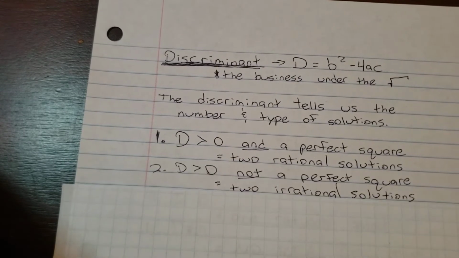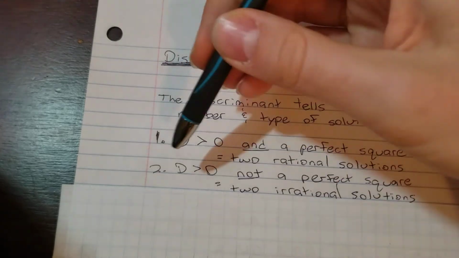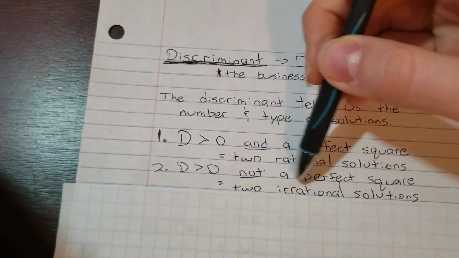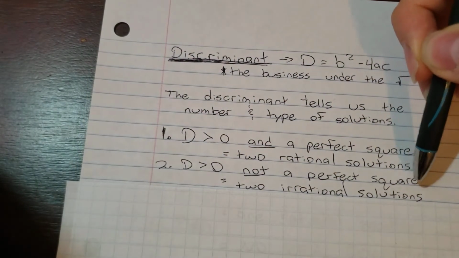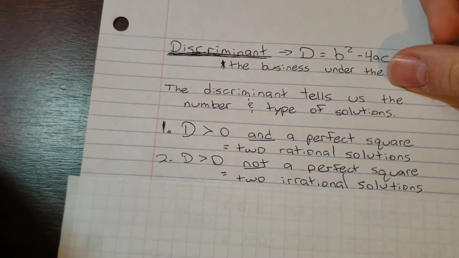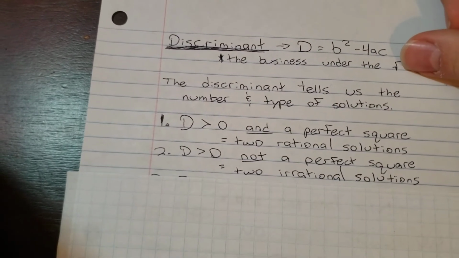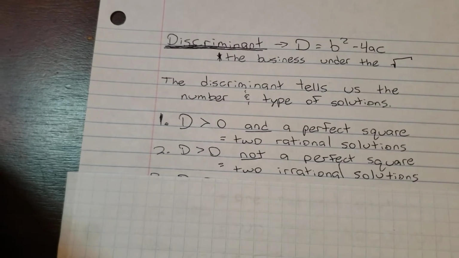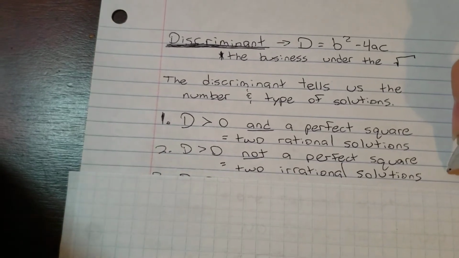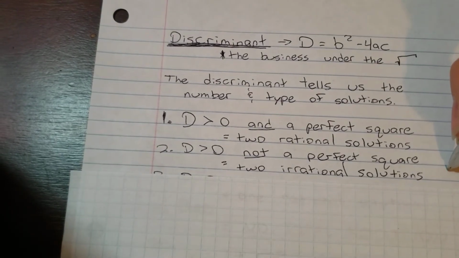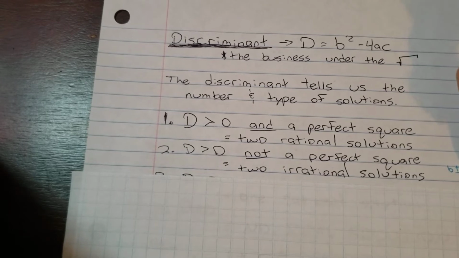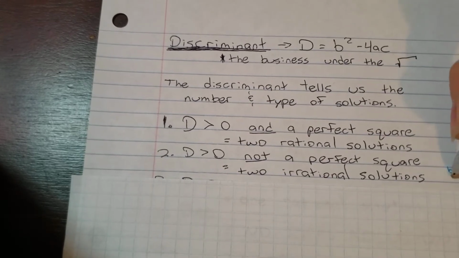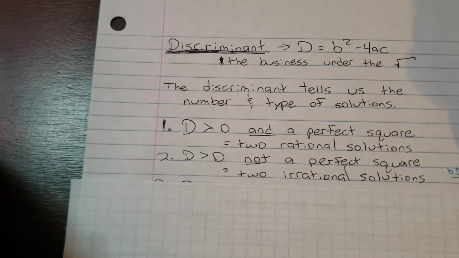The second scenario is it is greater than 0, but it's not a perfect square. That means we're going to have 2 irrational solutions. That's where it's like b plus or minus the square root of something divided by another number.